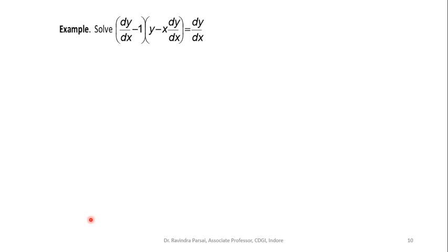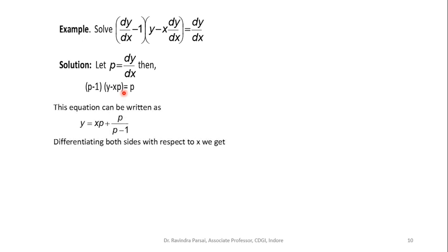Now we explain this method by an example. Suppose this is an equation of first order and degree 2. By putting p equal to dy/dx, the equation can be written as (p minus 1)(y minus px) equal to p. So this can be written as y equal to xp plus p/(p minus 1).